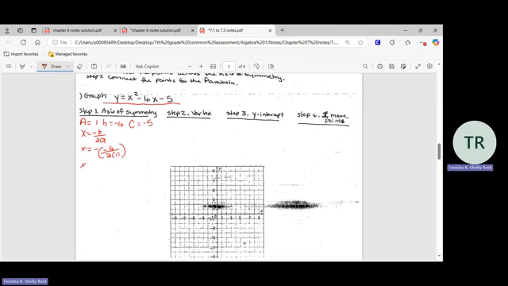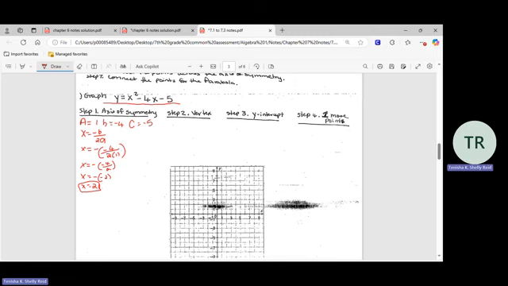So x is equal to 4 over 2. x is equal to 2. The axis of symmetry is positive 2.